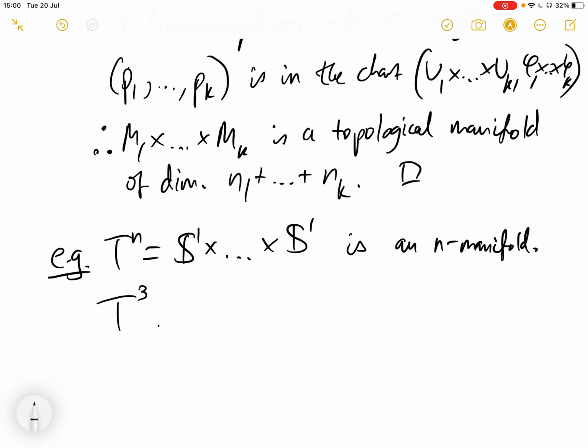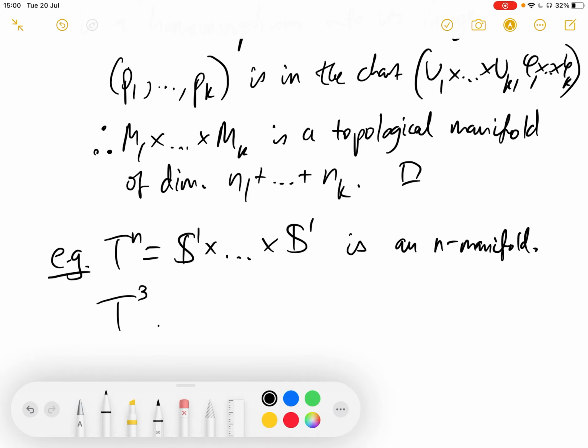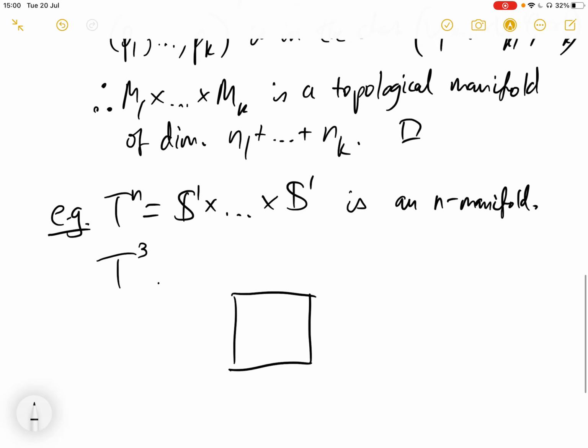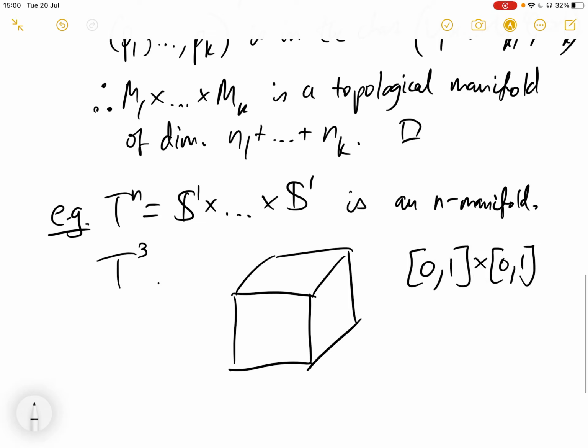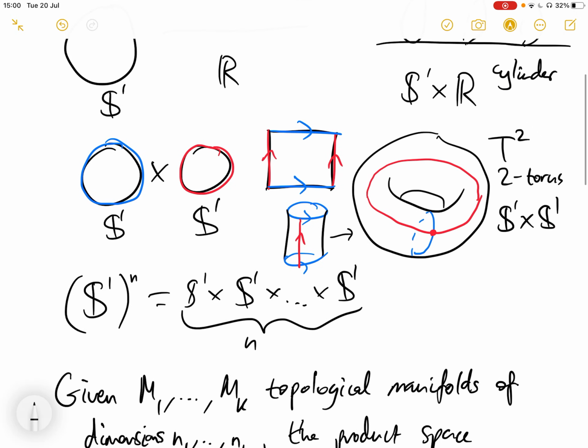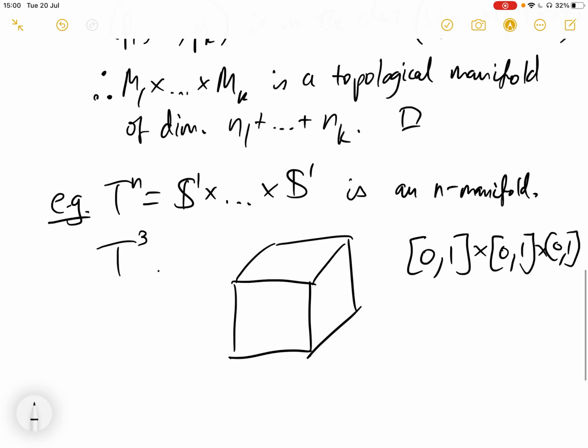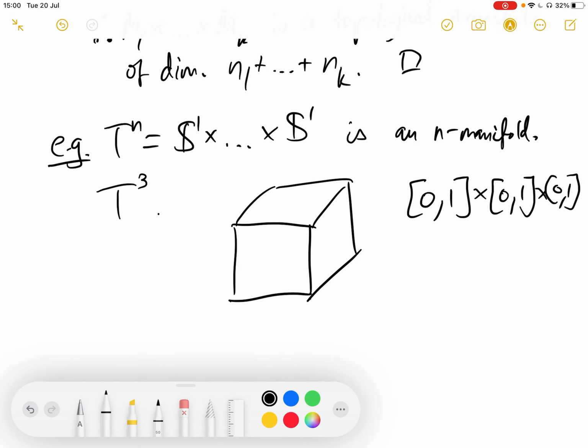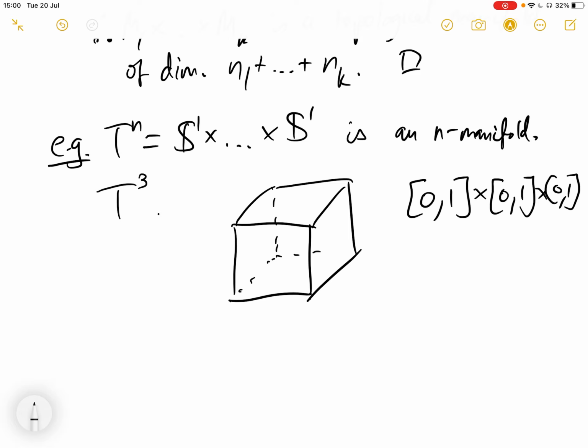A nice way to visualize the 3 torus is to start with a unit cube, which is [0,1] cross [0,1] cross [0,1]. Just like we did for the 2 torus, where we glued together opposite edges, we're now going to glue together opposite faces of the cube.